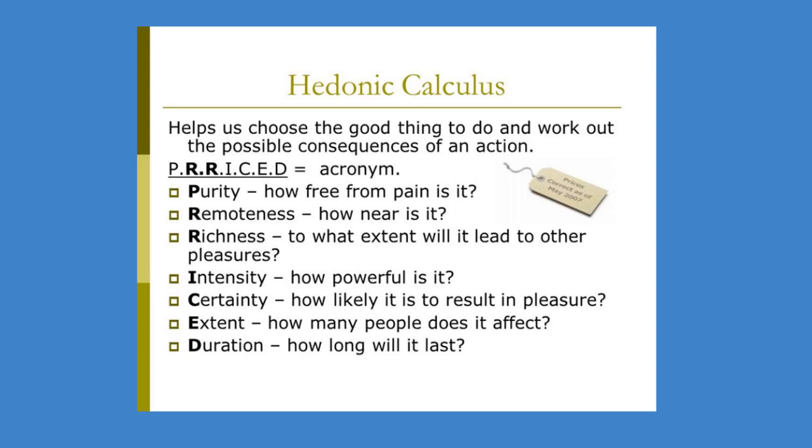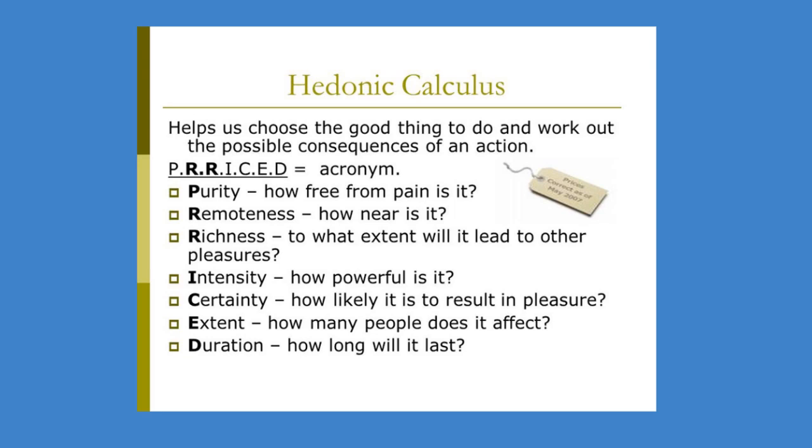So here are the variables of the hedonic calculus. As we all know, it helps choose the good thing to do and work out the possible consequences of an action. So we have an acronym, PRICE. The first variable is purity: how free from pain is it? This is referring to the act, the consequence. Next is remoteness: how near is it?